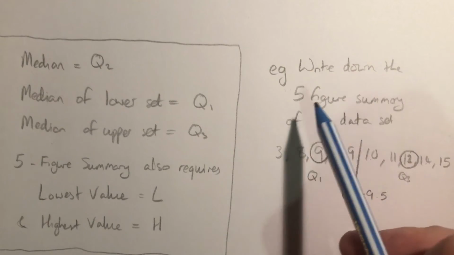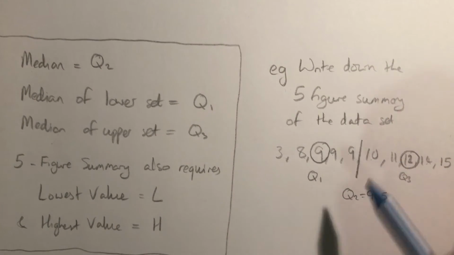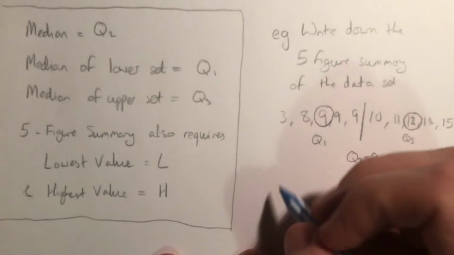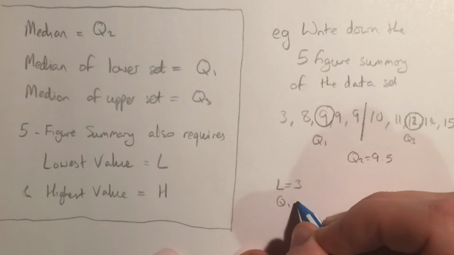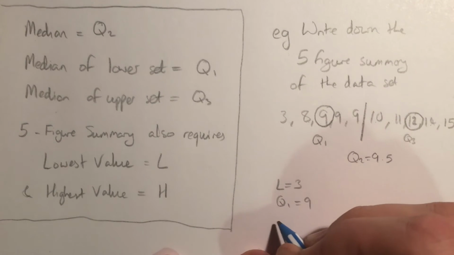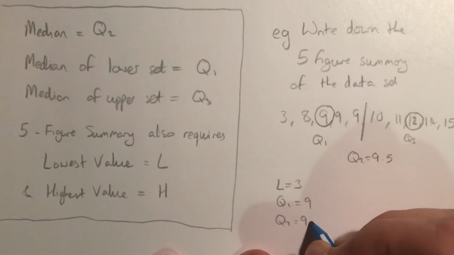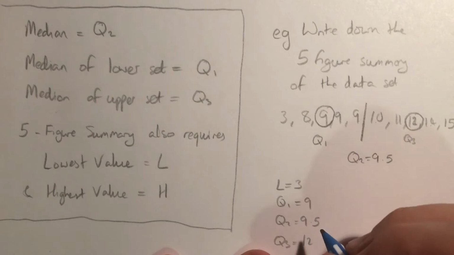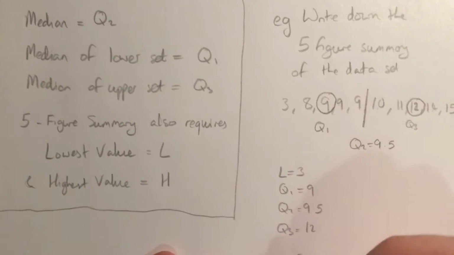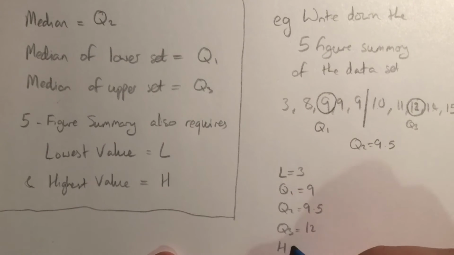But it says write down the 5-figure summary of the data set, so we need to actually write a summary down. So our lowest is 3, Q1 is 9, Q2 is 9.5, Q3 is 12, and our highest value, just squeeze it in the bottom, is 15. That's all we have to do.